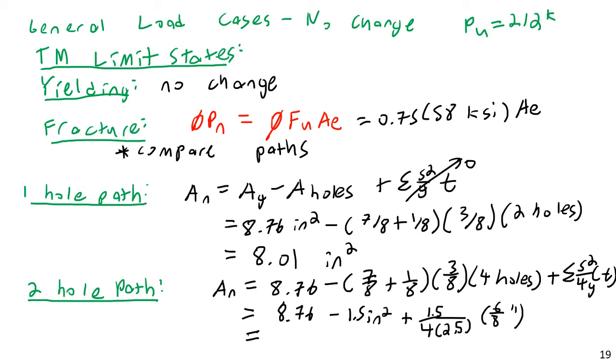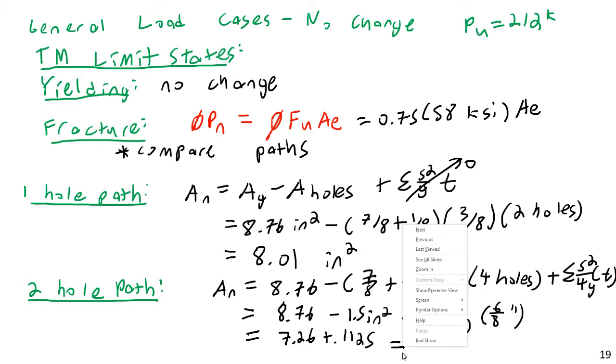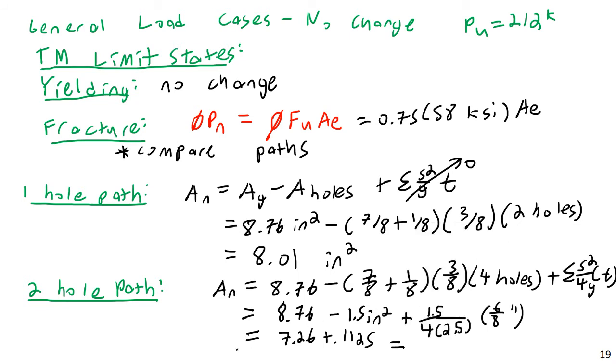I don't have all my steps shown on my notes here, so I want to make sure to do this one. 7.26 square inches plus 0.1125, and I get here a value of 7.37 inches squared. So let me double check on that. Something's a bit off.